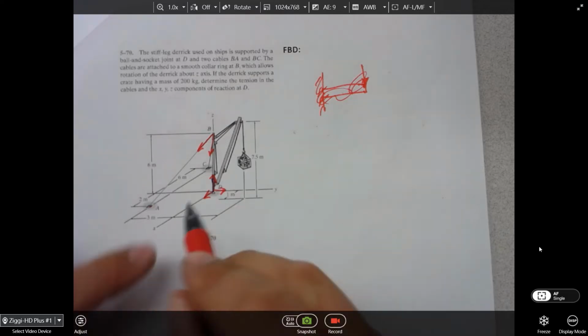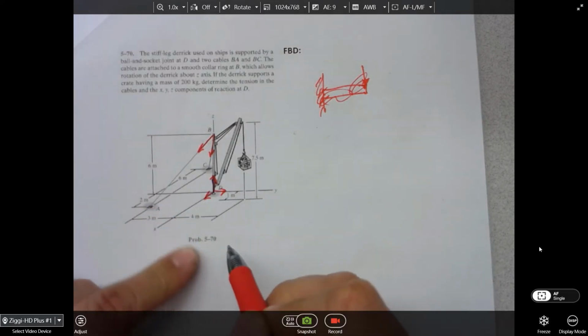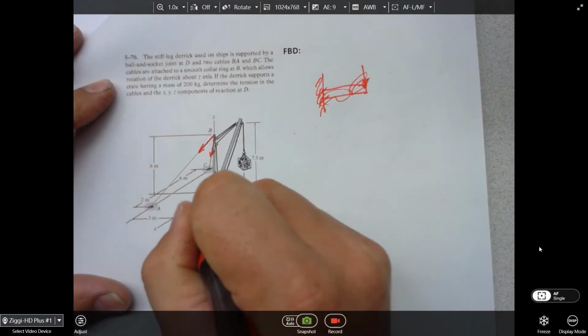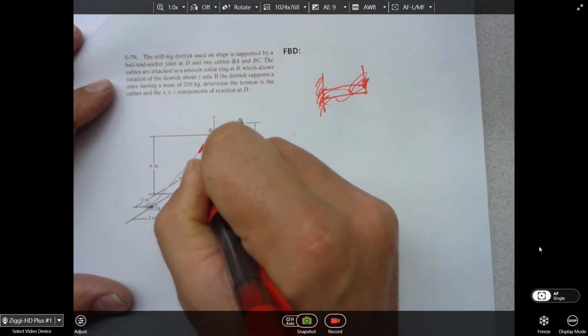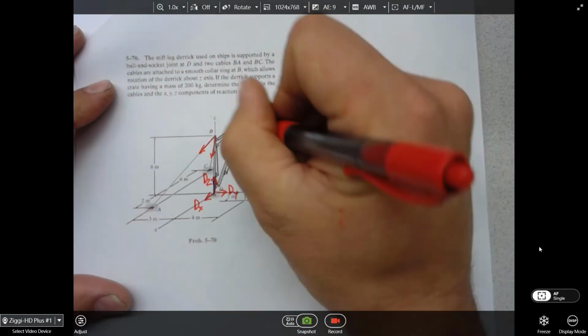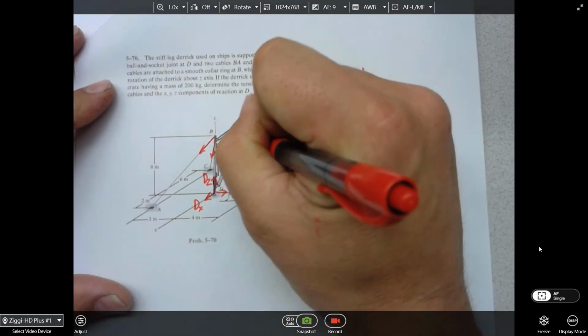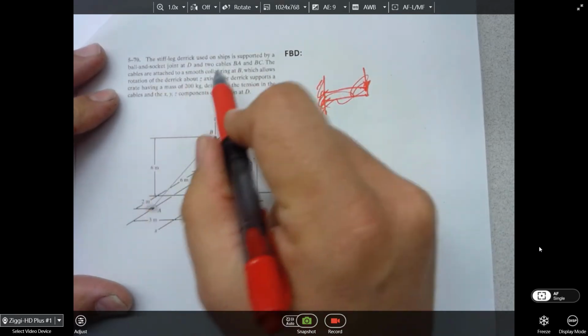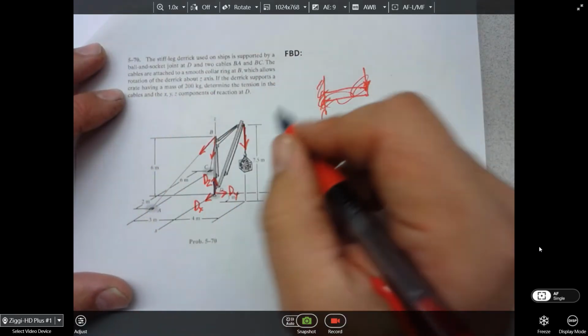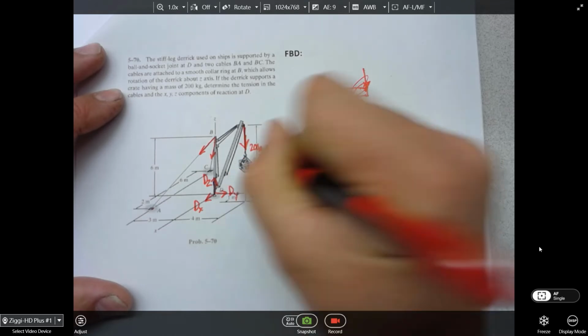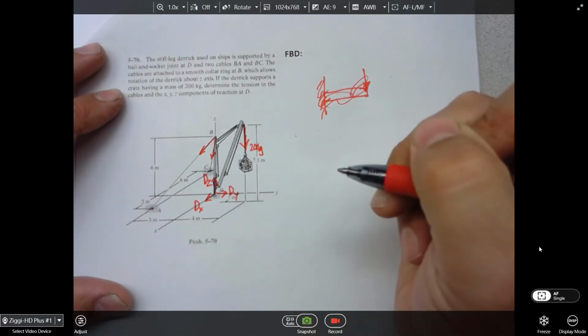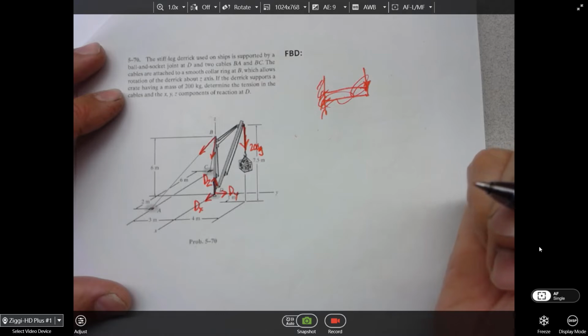So if we draw our free body diagram here, we knew there was a ball and socket, and that's at D. So we're going to have dx, dy, dz. Out here, we're going to have some force down, and does it tell us what it weighs? 200 kilograms. So we're going to have 200 G going down, 200 times the acceleration of gravity.